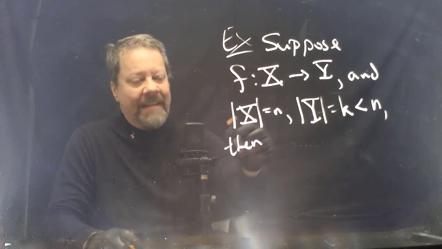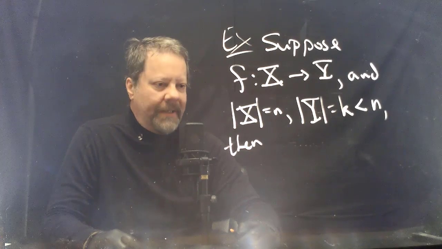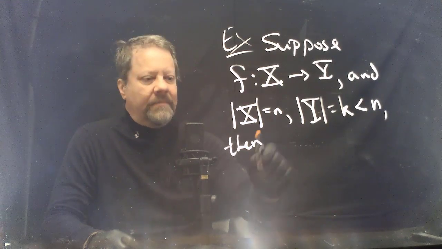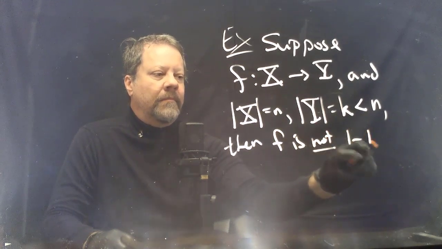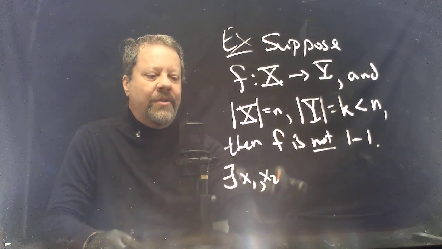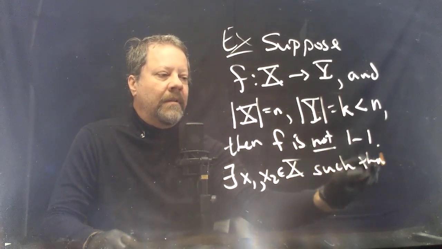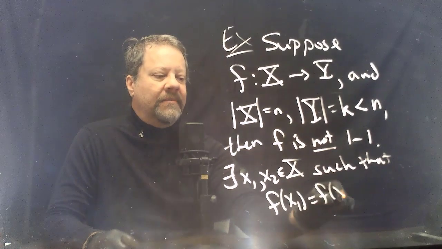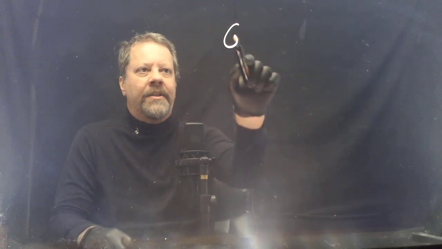There's going to be more than one domain element that goes to the same range element. When that happens, we say that f is not one-to-one. So there exist x1 and x2 in the domain such that they output the same thing. So it's not one-to-one.